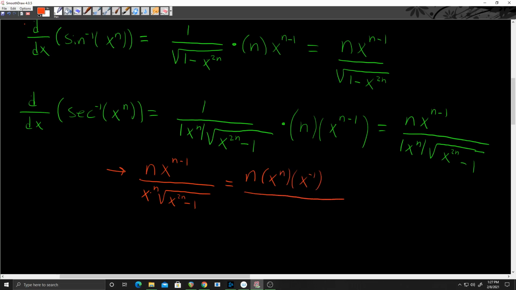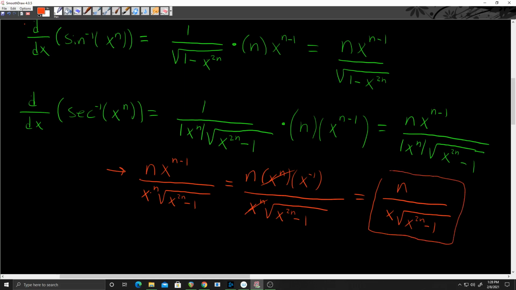And then in the bottom here we have x to the n square root of x to the 2n minus 1. Now look here. x to the n over x to the n goes away. And we're left with n over, this x is to the negative 1, so this x is going to go downstairs. We get x square root of x to the 2n minus 1. And here we go. Okay, this is very important.